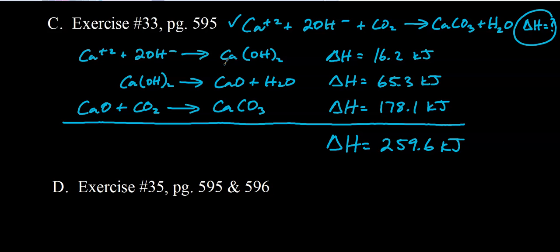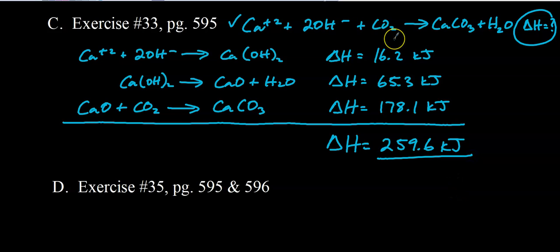That was written as CaO plus H2O, and I need to flip that, and thus I changed the sign from negative to positive 65.3 kilojoules. And then the third one, again, I had to flip as well, changing the sign of delta H from negative to positive.